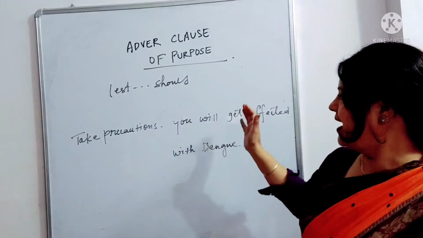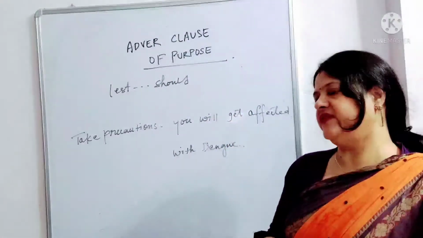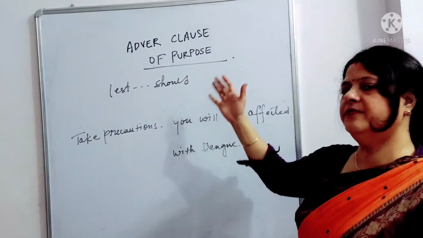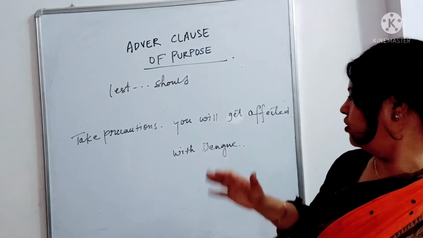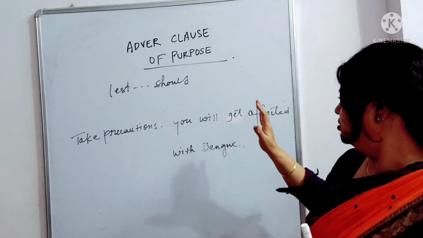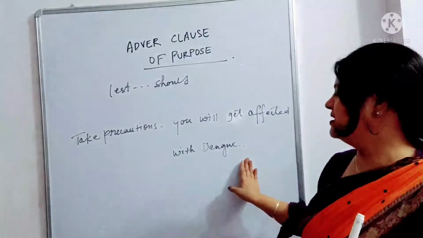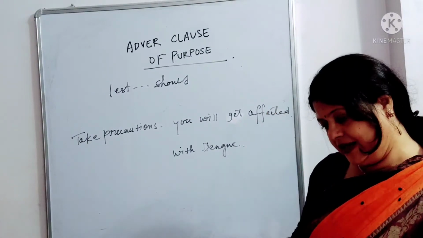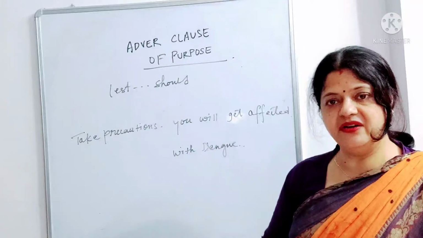So actually lest gives negative impact. If we take the positive side of it, it would be: take precaution lest you should get affected with dengue. It means take precaution and you will not get affected with dengue.